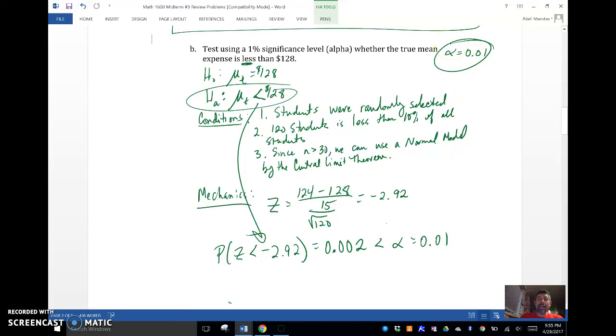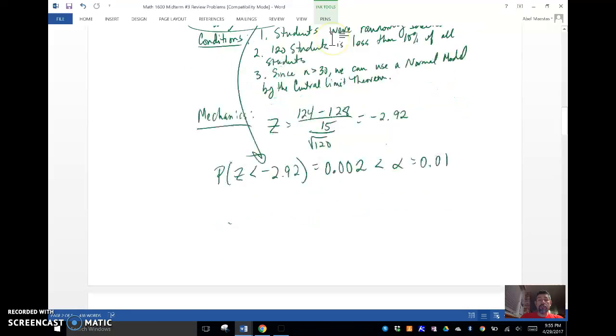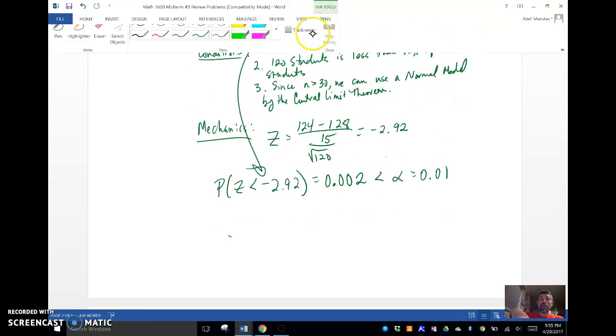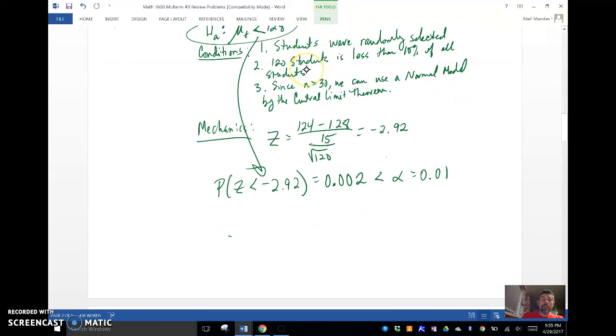So now that we did our mechanics, we can go ahead and write our conclusion based on our p-value. So our conclusion, sorry if my handwriting is a little chicken scratchy here.